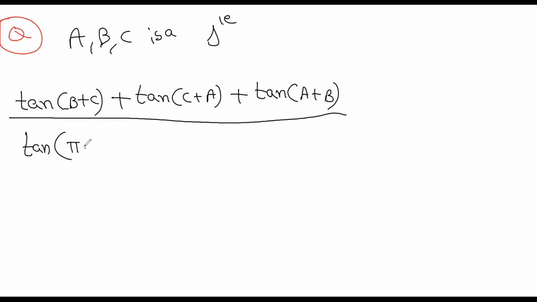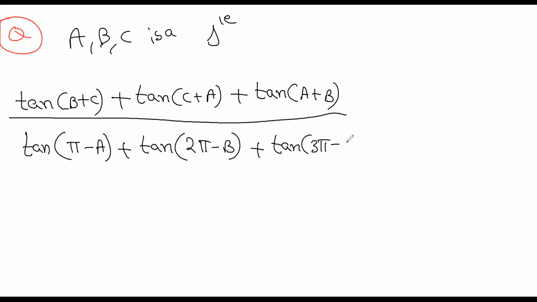Or tan(pi minus A) plus tan(2 pi minus B) plus tan(3 pi minus C) equals what? The question may be very big, but the answer is very small. This is math. So first, in triangle ABC, what is the value of this? They are asking.